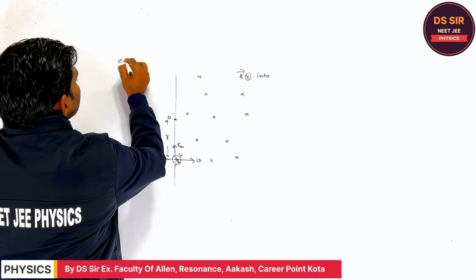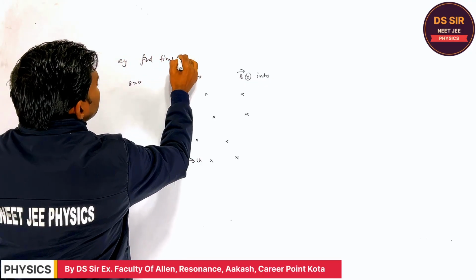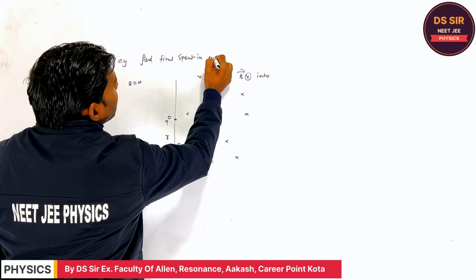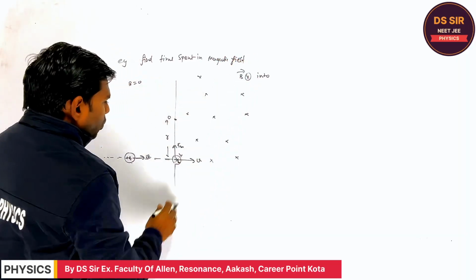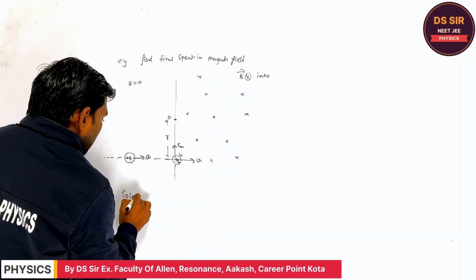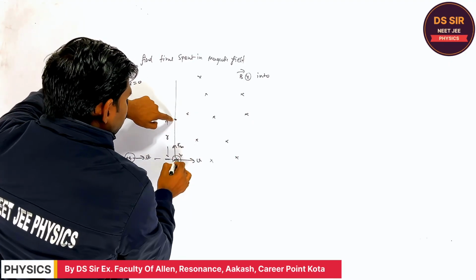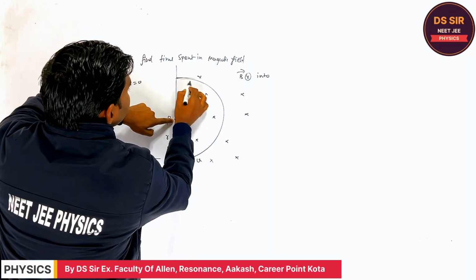In this question, you have to find the time spent in the magnetic field. So you tell me how to do that. Magnetic force, this is the radius, and about this it will perform the circular motion. Is it clear or not?